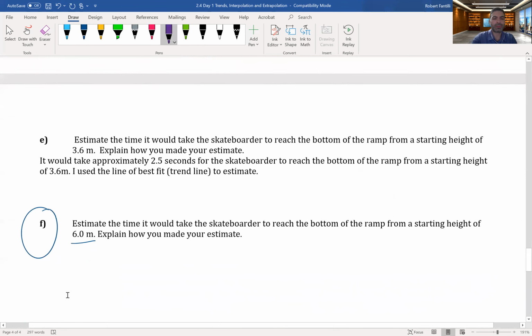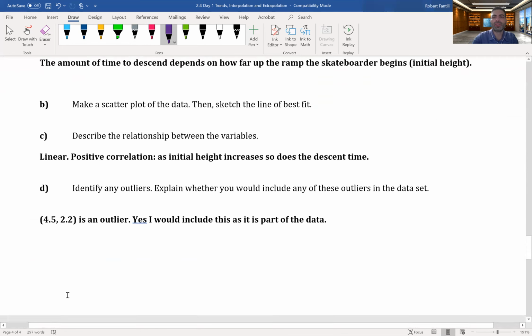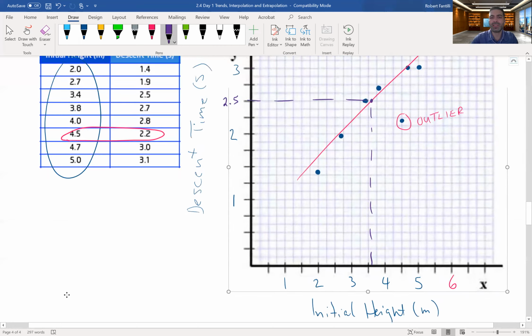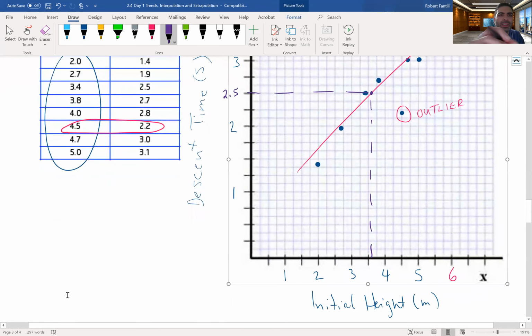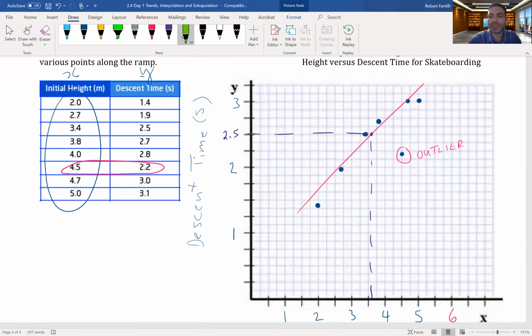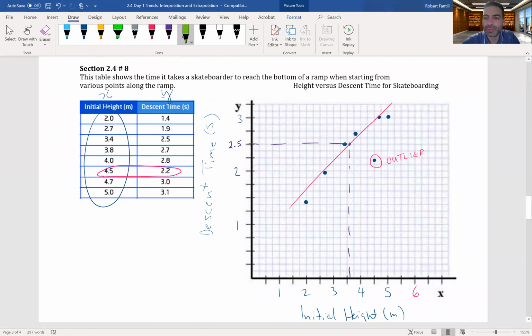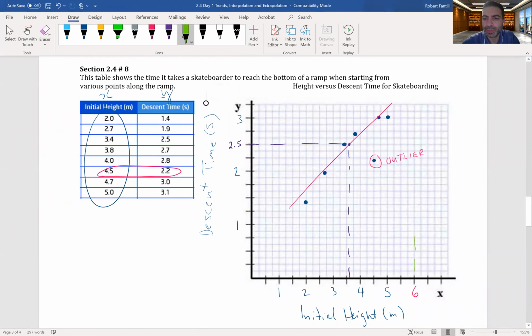Okay, and then the last question is estimate the time it would take the skateboarder to reach the bottom from a starting height of 6 meters. Let's take a look at a starting height of 6. I did that in pink, but I should probably do it in a different color again. Let's use green. So at 6, we're looking at something like this.